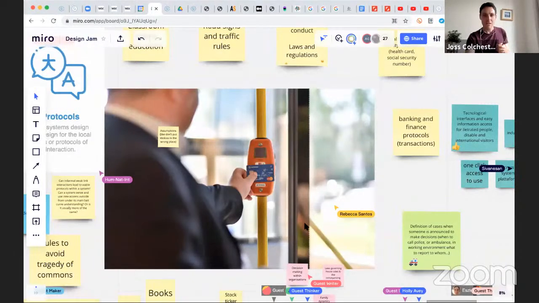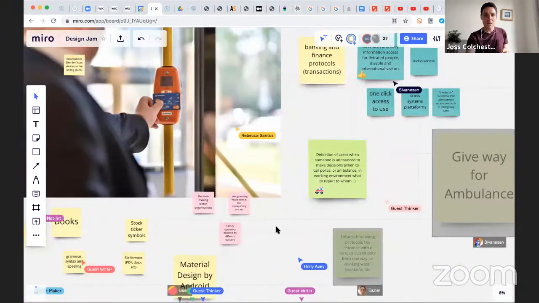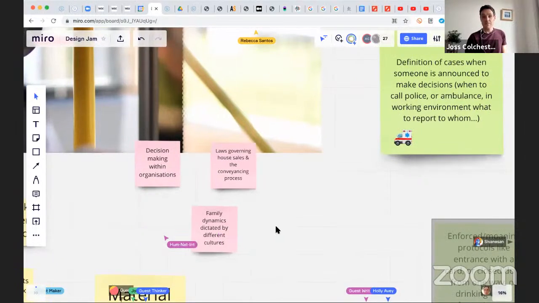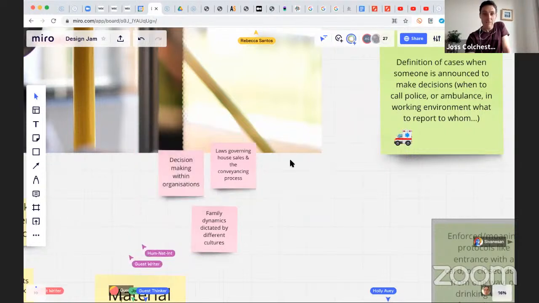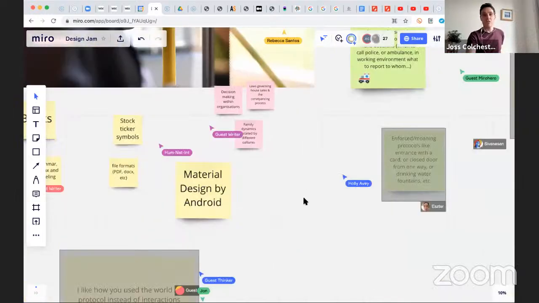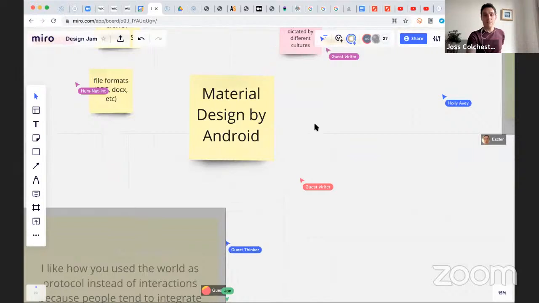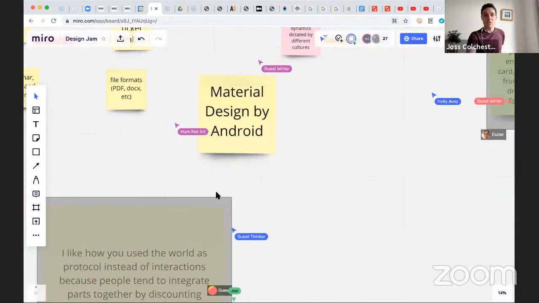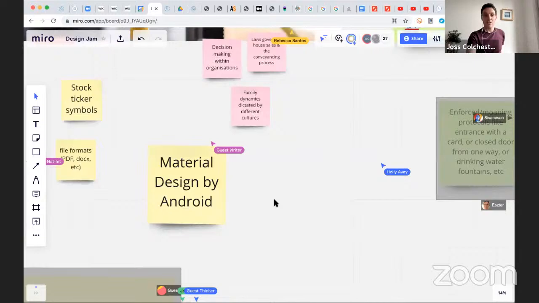Family dynamics dictated by different cultures. Yep. Decision making within organizations. Yep. Material design by Android. Yeah. This is a design language for the interface.